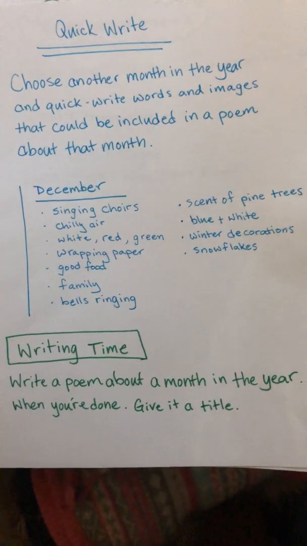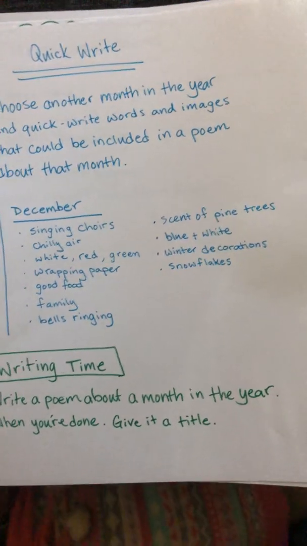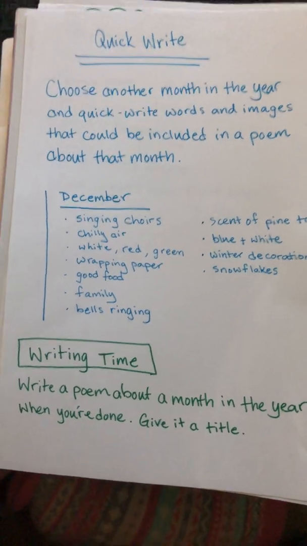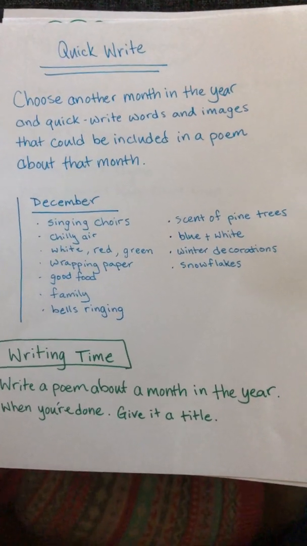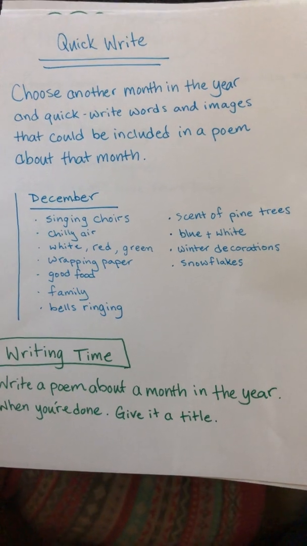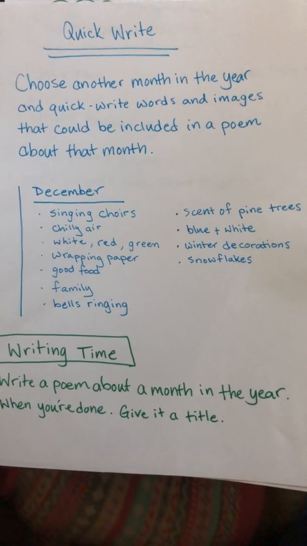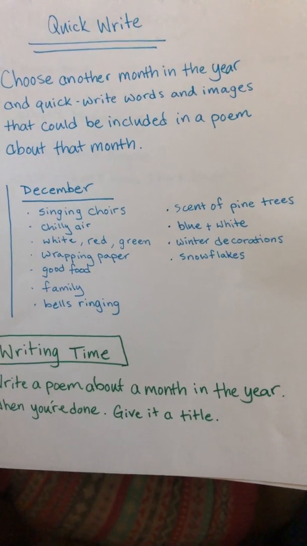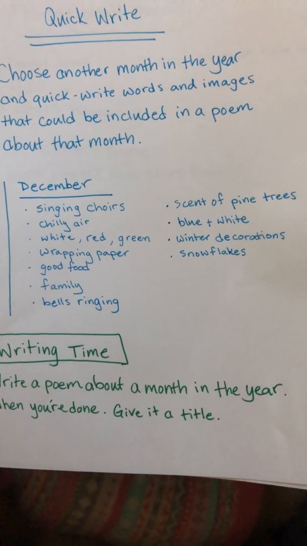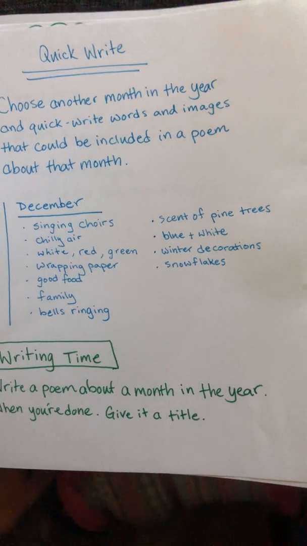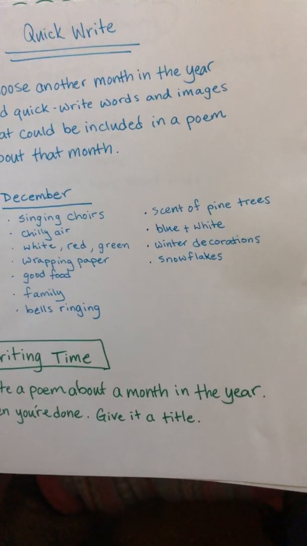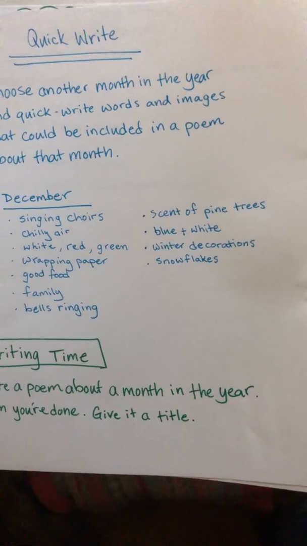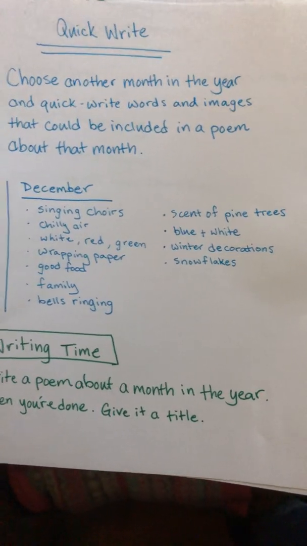So I chose the month of December, and I jotted down, I spent maybe 4 or 5 minutes just jotting down a few things that remind me of December, like singing choirs, chilly air, white, red, and green, wrapping paper, good food, family, bells ringing, scent of pine trees, blue and white, winter decorations, snowflakes, and I stopped there, but you could keep going.